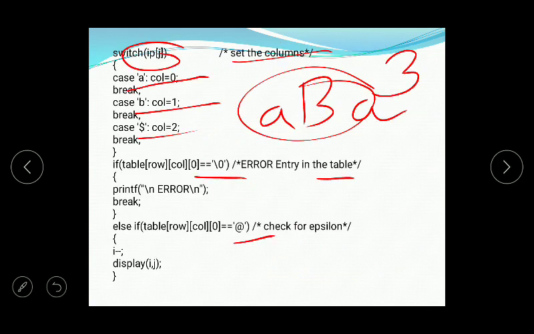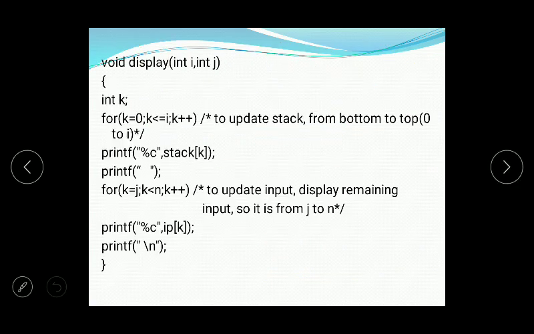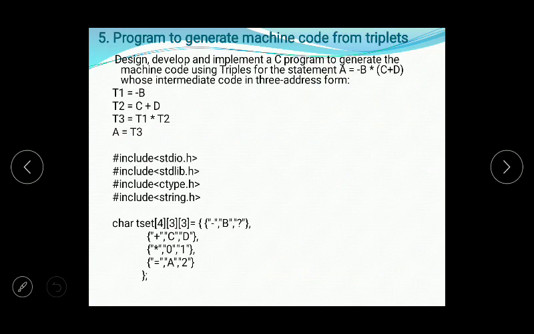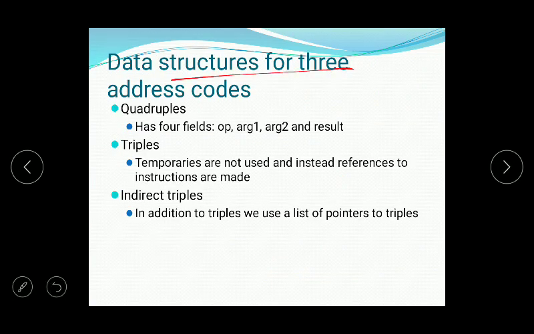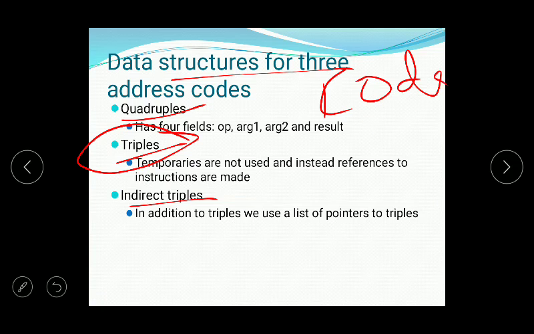Now one more program, let us discuss in this video itself, that is data structures for the 3-address code. We have just discussed this topic in the 5th module, that is, data structures or the representations for 3-address code are quadruples, triples and indirect triples. Here, according to the problem statement, we have to consider triples. Using the triple, we have to write machine code for the given problem.